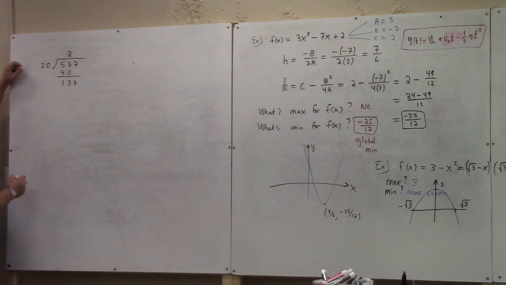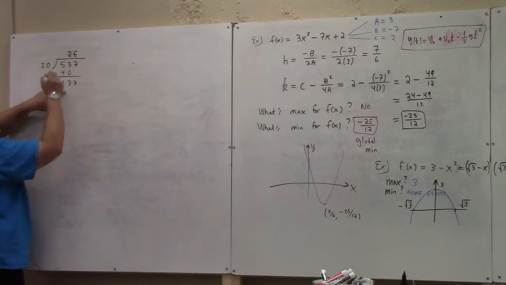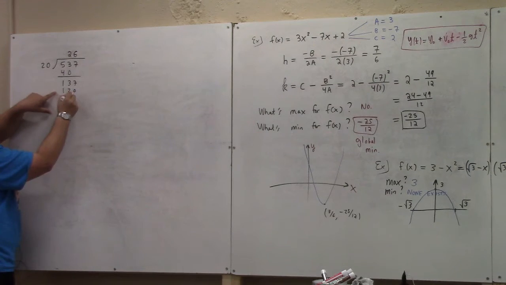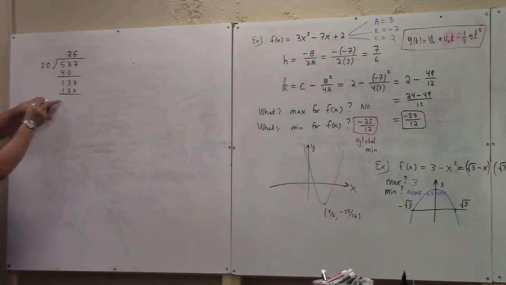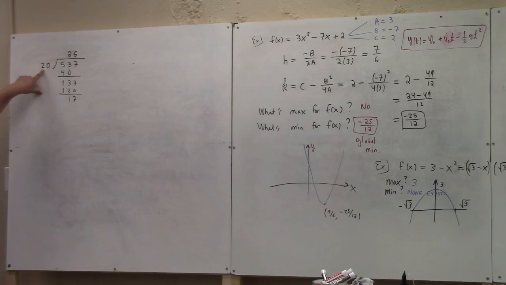137, what do you got? How many times? 6. All right, so I put 6 here. We all can agree on that? All right, good. 120. I agree with myself all the time. 17. So once we get to a number which is smaller than the divisor, game over, end of story, we're done, right?